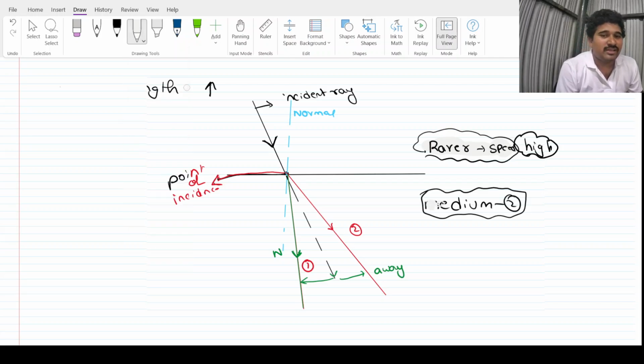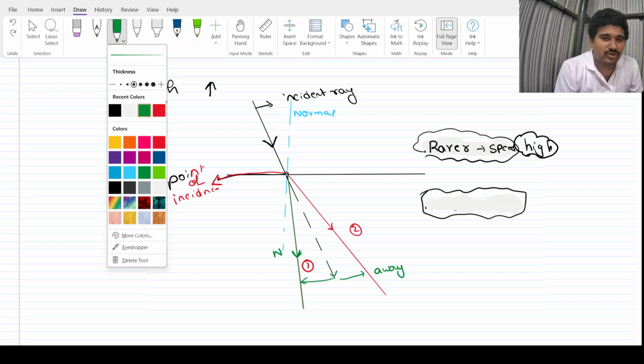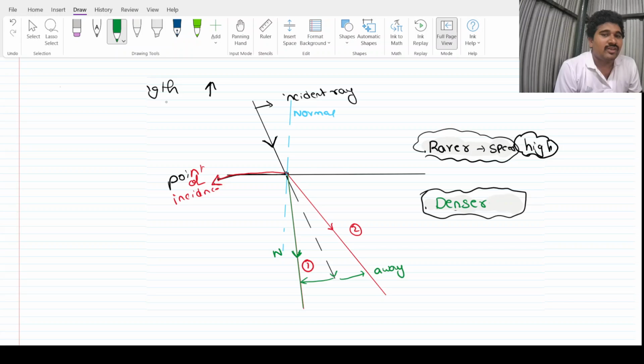Medium 2 will obviously be denser, right? Okay, sir, I am taking medium 2 as denser. So that means the speed is low. In the denser medium the speed will be low, and in the rarer medium the speed will be high. Is there any confusion?